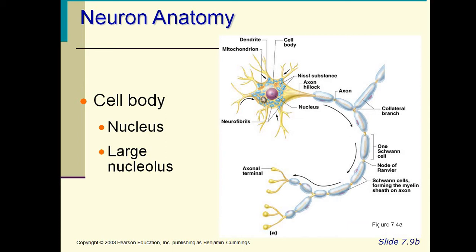So the mode of transmission of the signal is either electrical or chemical. Neurons can also receive these signals through root-like extensions called dendrites.